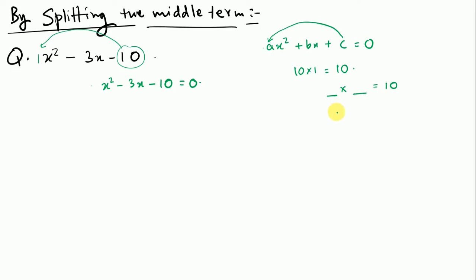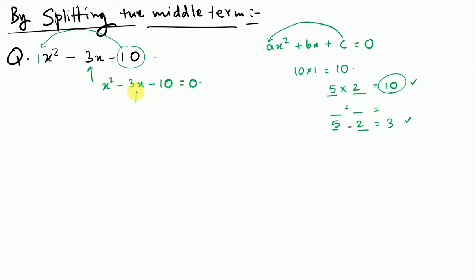Okay, and which when added or subtracted gives this 3. So let us take an example. 5 multiplied by 2 gives us 10, and 5 minus 2 gives us 3. So this is the option which we will be taking.